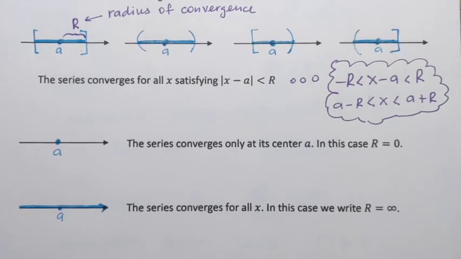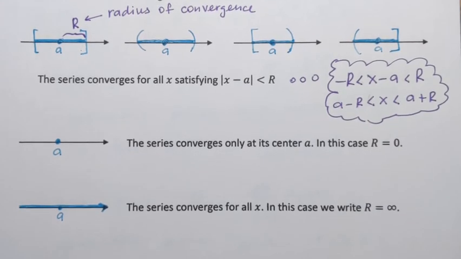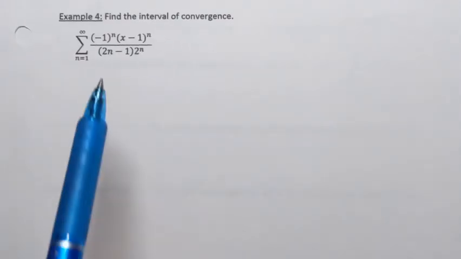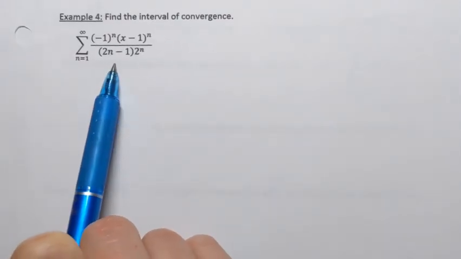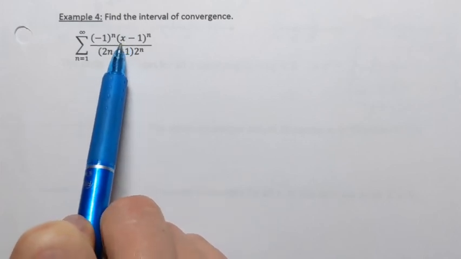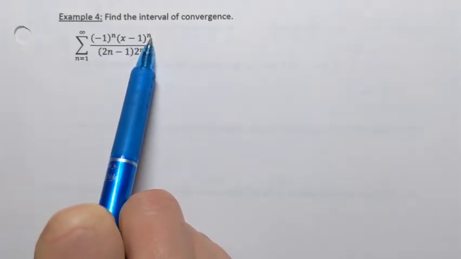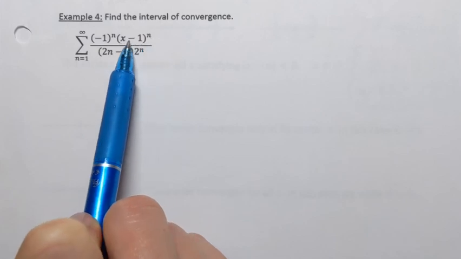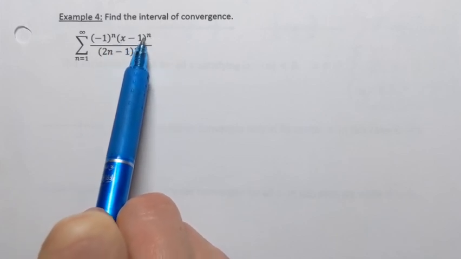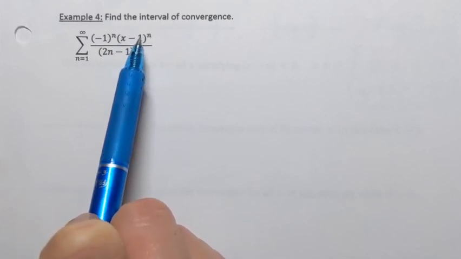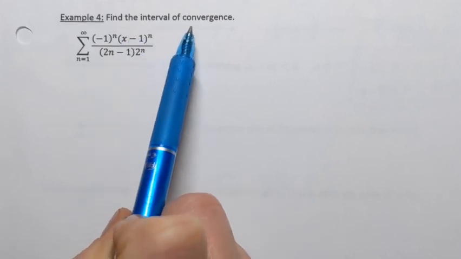And we will be using all that information when we're asked to find an interval of convergence for a specific series. So for example, we might be given a series like that. Well, it's a power series, because notice how here we have x minus 1 raised to the power n. Every series that involves x raised to the power n is a power series. And we need to find the interval of convergence.